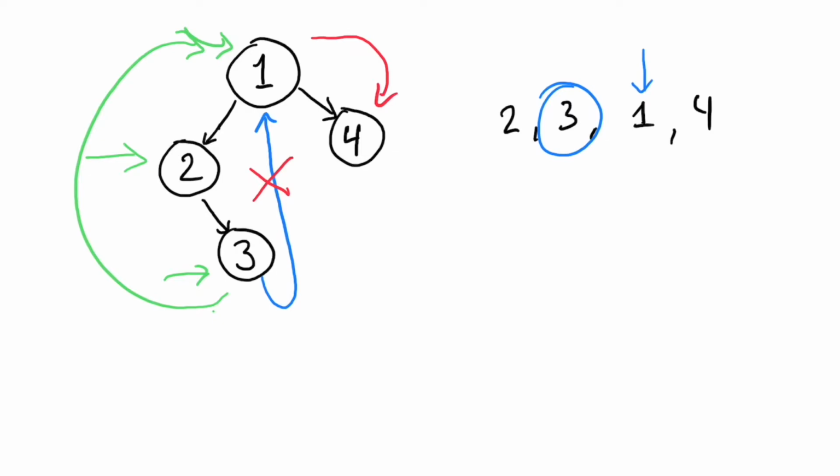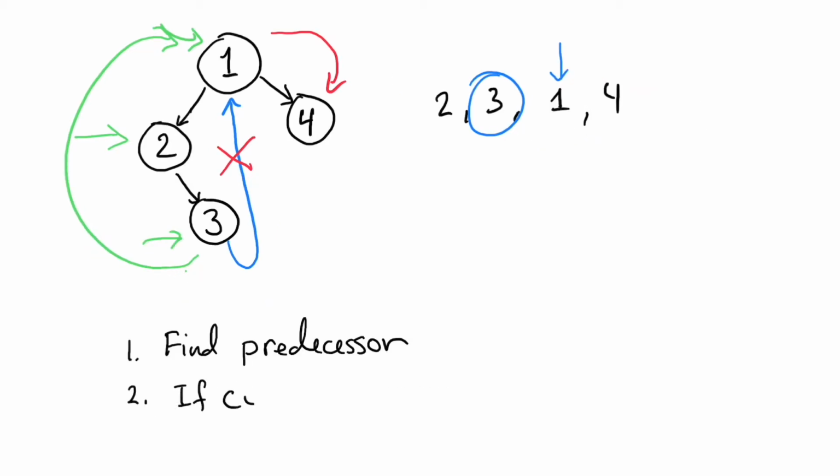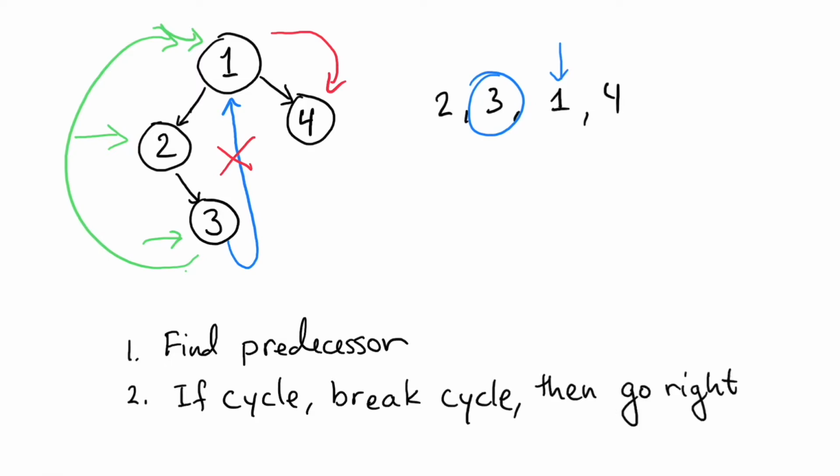So to sum it up, the first time we visit a node, we go left. The second time, we go right. When visiting a node, we first find its predecessor to create a link to the current node. If we detect a cycle when looking for a predecessor, then we must have visited the node before, so we want to break the cycle and then continue to the right child.